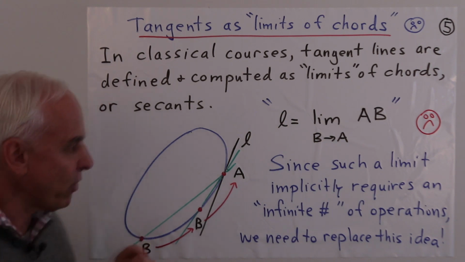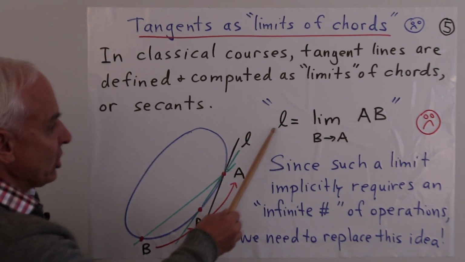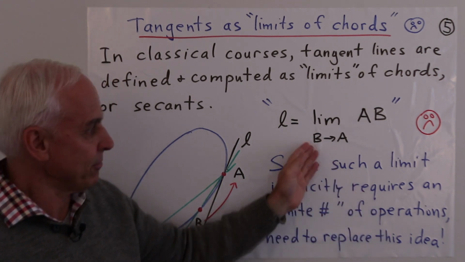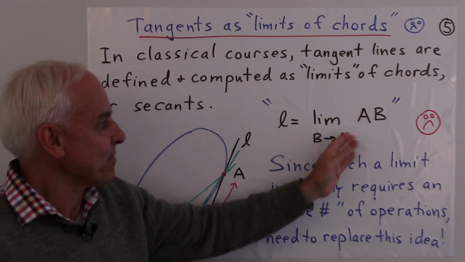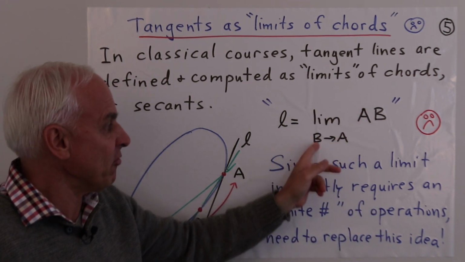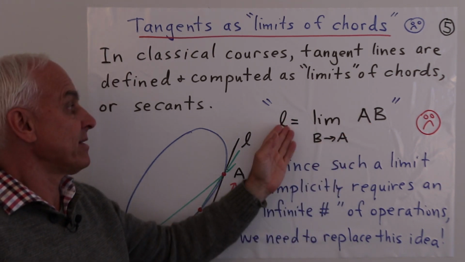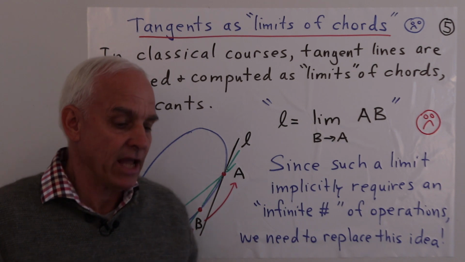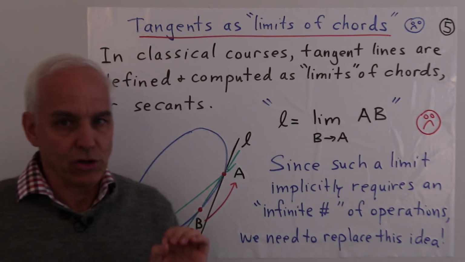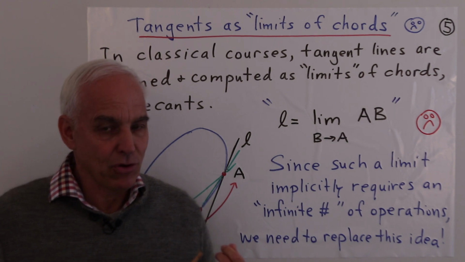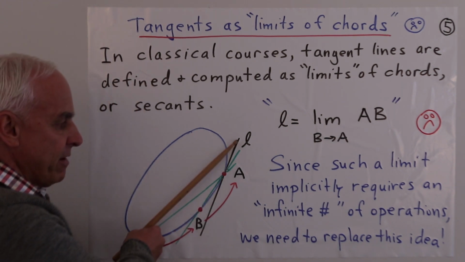But nevertheless, unfortunately, the idea that the tangent line is some kind of limit of secant lines, we might use this notation, limit as B approaches A of the secant line AB, that's somehow a definition of the tangent. That is problematic on logical grounds, because for typical curves, this requires an infinite amount of work.